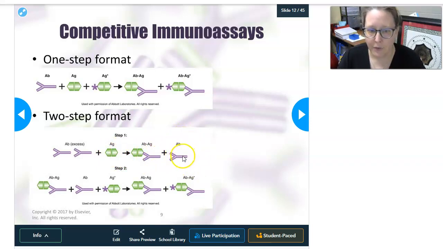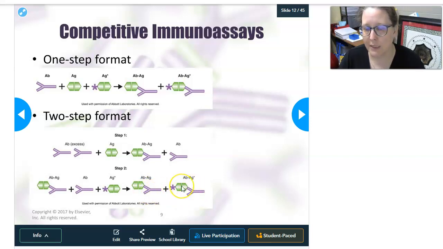So in the second step, you have the antigen from your sample bound with the reagent antibody, plus the excess reagent antibody that was left over. Now we add the labeled antigen, the labeled B12, and it will interact with whatever antibody is free, and whatever's left usually gets washed away.